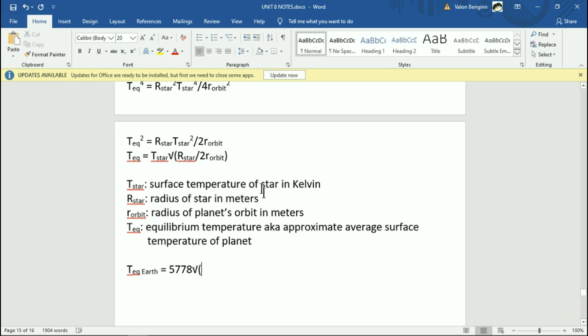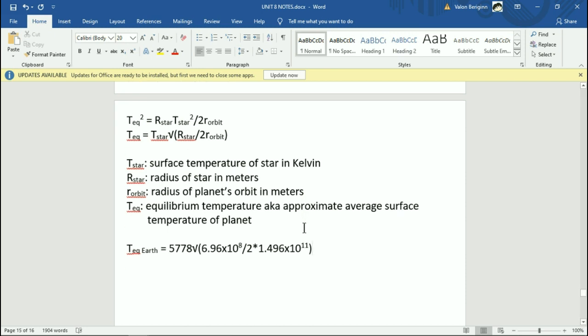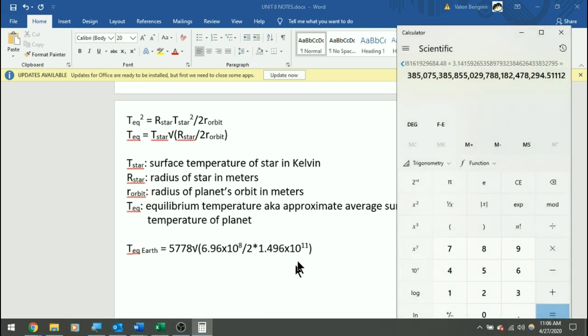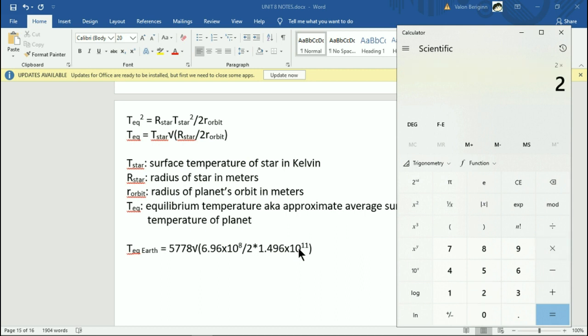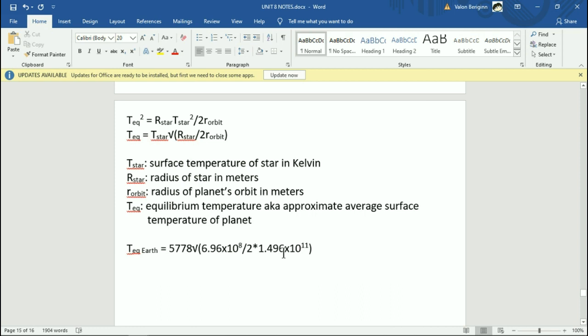Then we need the radius of the star, which is 6.96 times 10 to the 8, divided by 2 times the radius of the orbit. That's 1.496 times 10 to the 11, the radius of the orbit of the Earth. So let's see what we get. First, let's multiply this by 2. So 2 times 1.496 becomes 2.992.